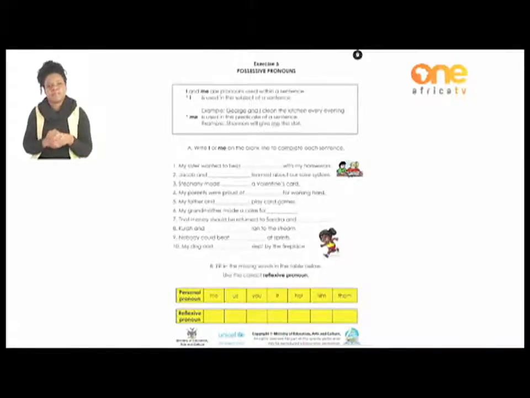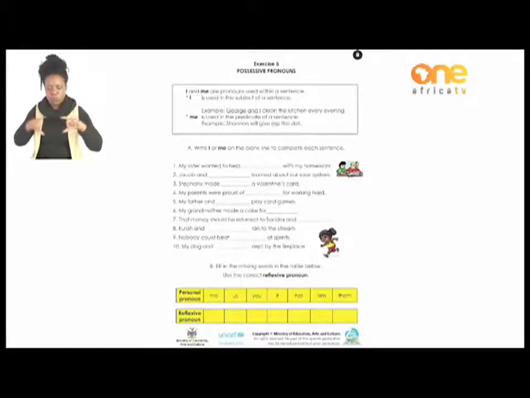My sister wanted to help with my homework. So you will have to fill in one of the personal pronouns, whether it is I or me.